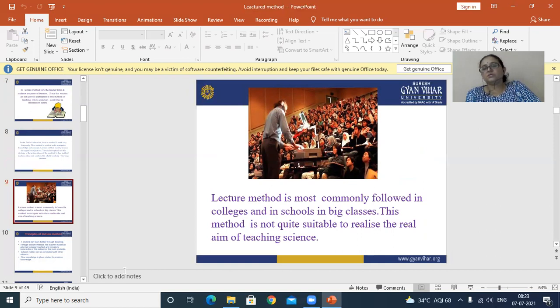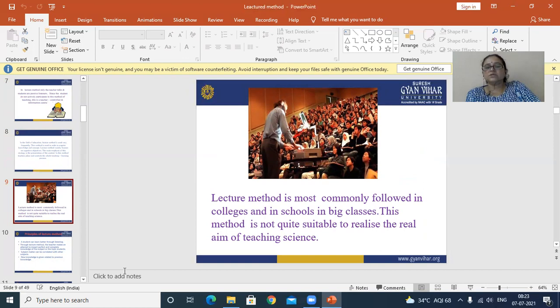It is not suitable for primary classes. For primary classes, use learner center teaching method, not teacher center teaching method.